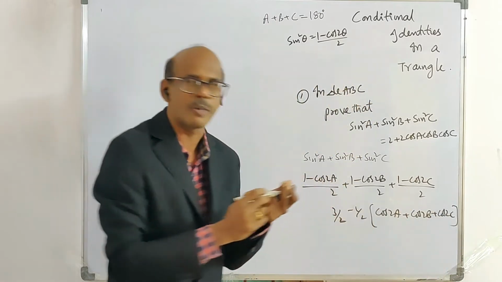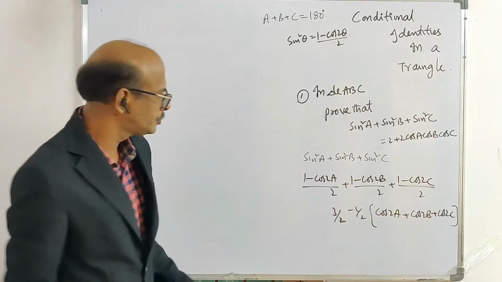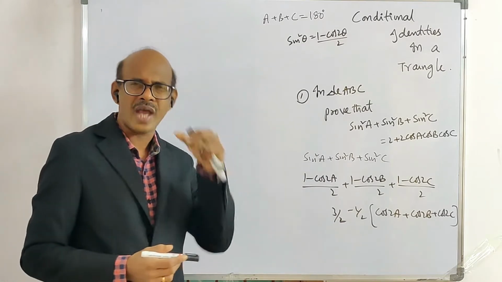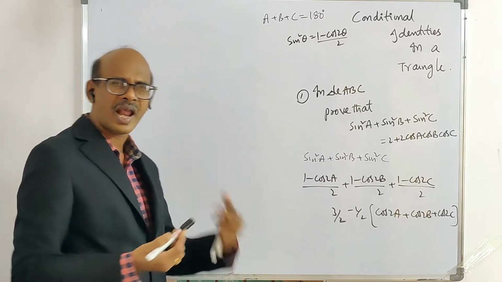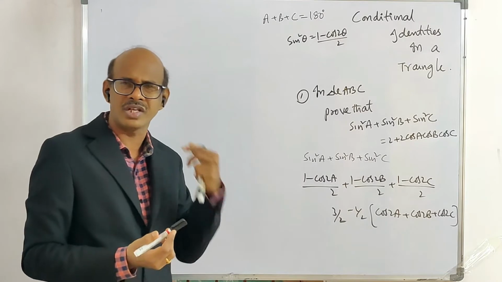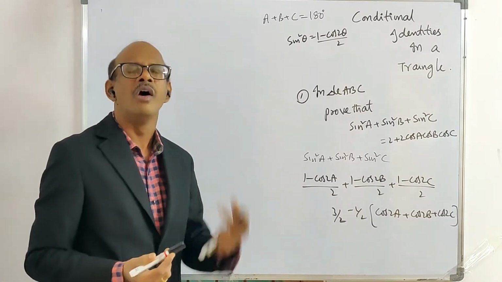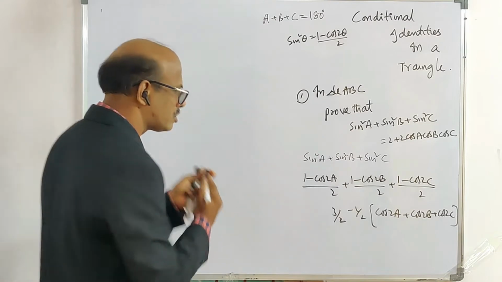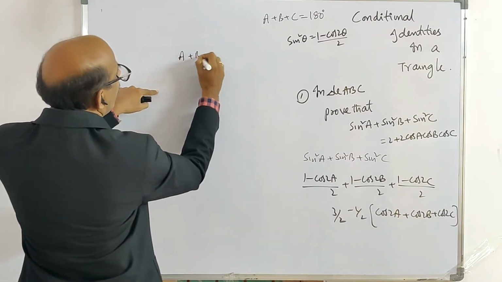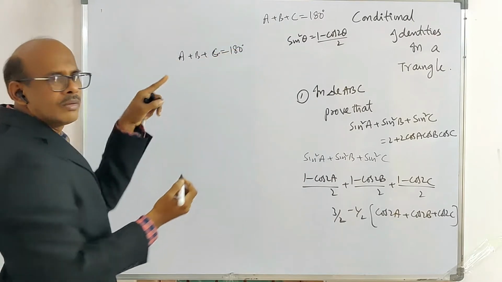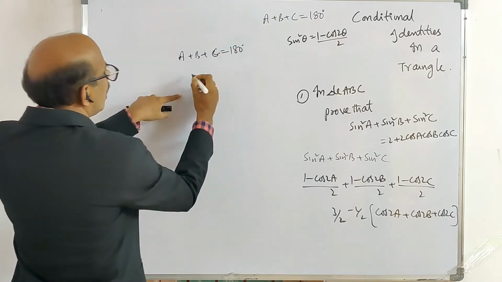I think you got my point. Next, by knowing A plus B plus C equals 180, it is a standard conditional identity already derived in the previous video. So first you finish that, then it will be a continuation, very easy. That's why many times I told you, first finish the previous videos. So here, A plus B plus C equals 180, the condition in a triangle.